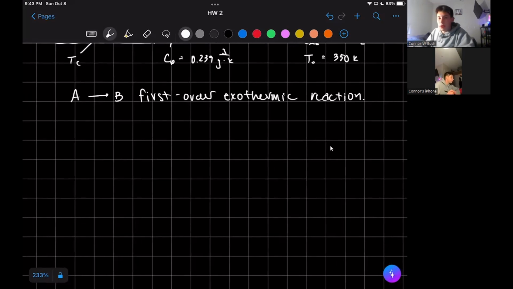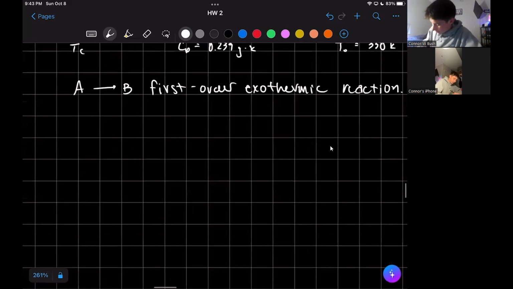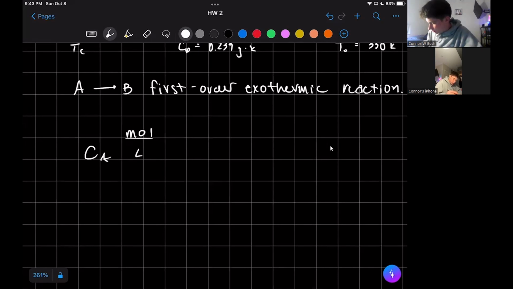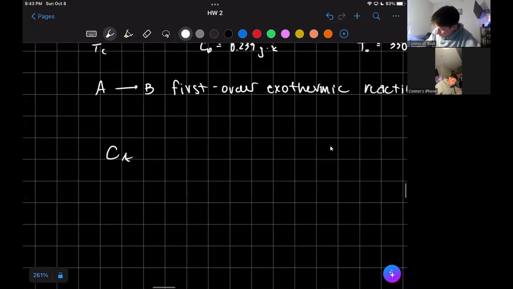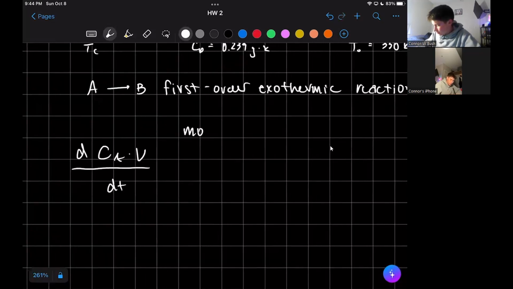So if we look at a mass balance first, just to note, our concentration is given in moles per liter, so moles per unit volume. If we multiply that by the volume, we get the change in moles with respect to time. So that is our mass balance.